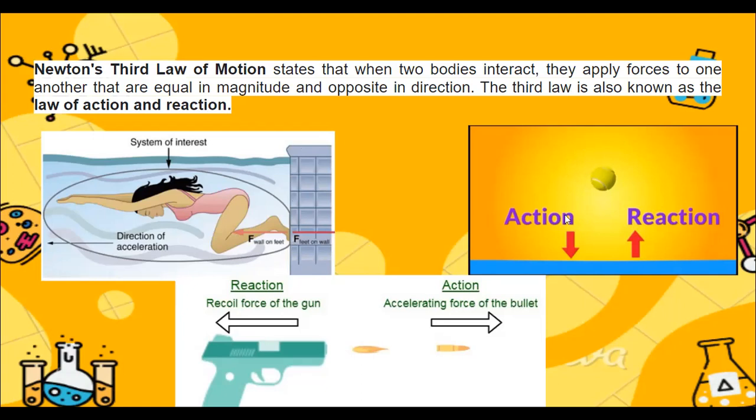When we drop the ball, the floor will give a reaction wherein it will push the ball upwards. And for the third one, we have the gun. If you pull the trigger, the gun will recoil, and the action would be the accelerating force of the bullet going out.